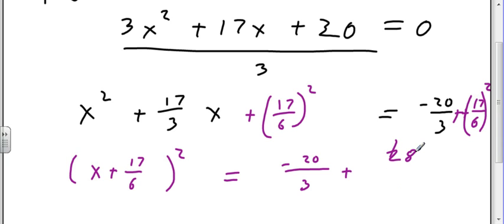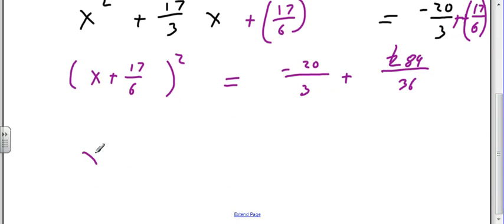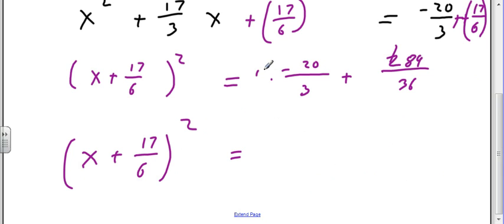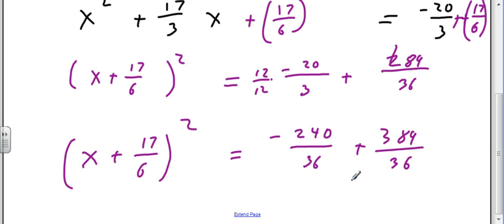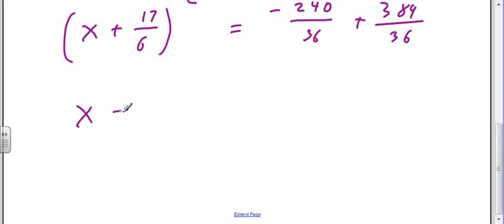So I have 289 over 36, and my common denominator is 36, so I'm going to multiply top and bottom by 12. So that'd be minus 240 divided by 36 plus 389 divided by 36.